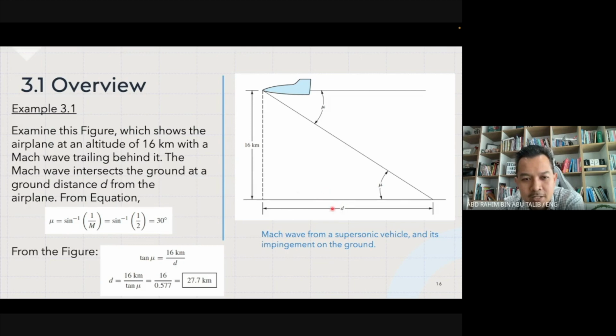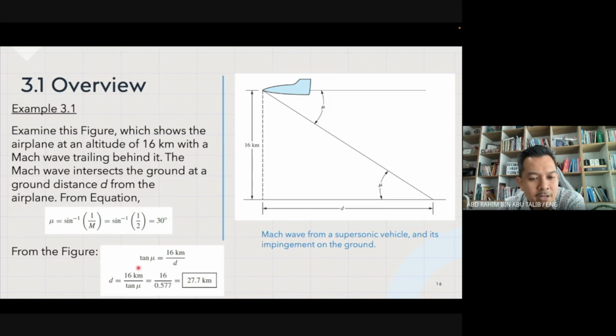So this is the distance D. From the equation that we have already shown earlier, Mach angle equals sine to the power minus 1 of 1 over the Mach number. You will get the Mach angle to be 30 degrees. So this mu is 30 degrees.